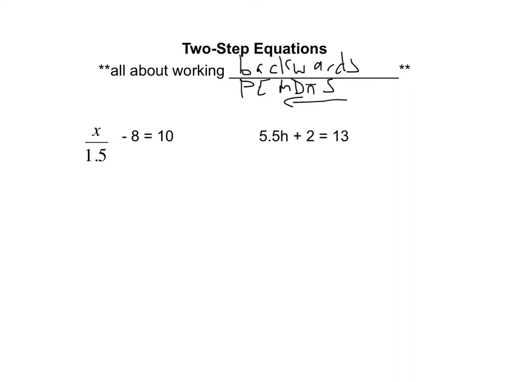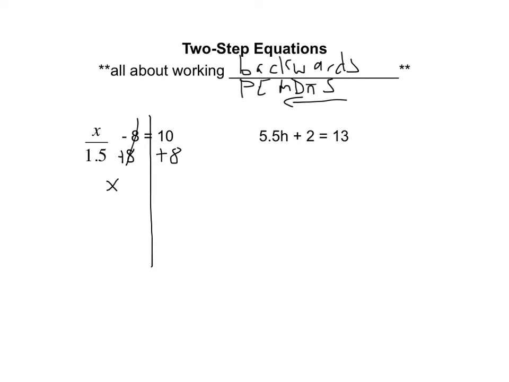So in this first problem, I have x divided by 1 and 5/10, and then I'm subtracting 8 equals 10. Well, order of operations, I would do the division first and then the subtraction. So if I'm working backwards, I have to get rid of the addition or the subtraction first. In order to do that, I'm going to do the inverse operation. So I'm going to take both sides and add on 8.